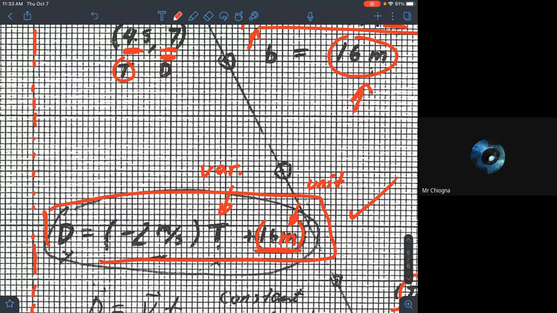What's the point of the equation? You can predict with the equation. Given a certain time, you can predict how far it's traveled. That's the power of an equation. If you're able to predict things in the future, you'd be a trillionaire. You'd have bets.